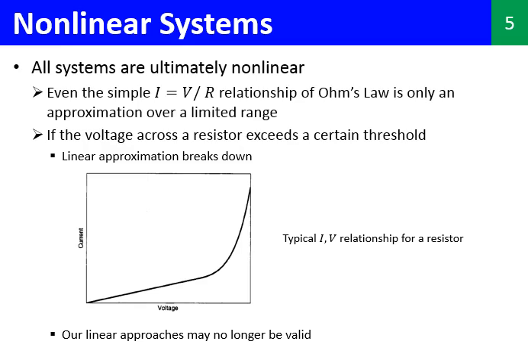Even one of the most simple relationships we know, Ohm's law, that is V equals IR for a resistor, is only an approximation over a limited range of operation. As you can see in this figure, if the voltage exceeds a certain threshold, then the linear approximation will break down. So does that mean all that we have learned so far regarding linear systems is of no use?